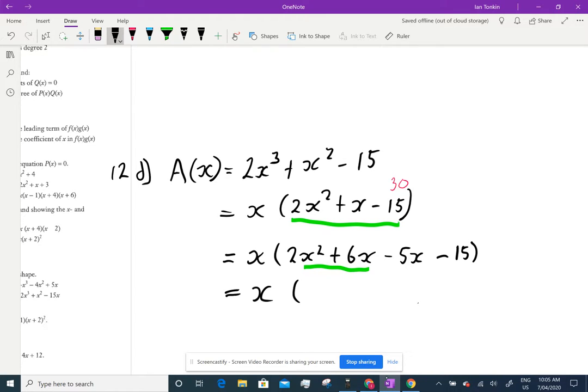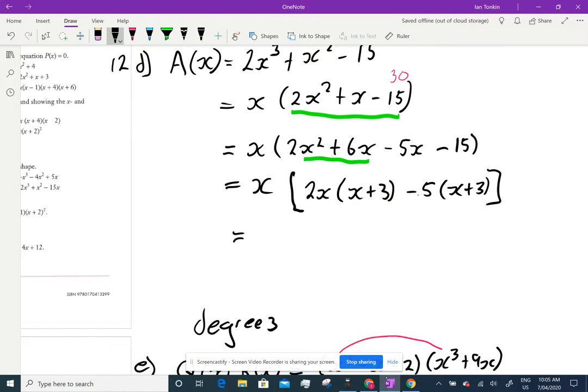And I just factorise this first one. So I'm going to use two sets of brackets, making the outer brackets actual brackets. I'm going to take out 2x, giving x plus 3. And here I take out the 5 and I get x plus 3.